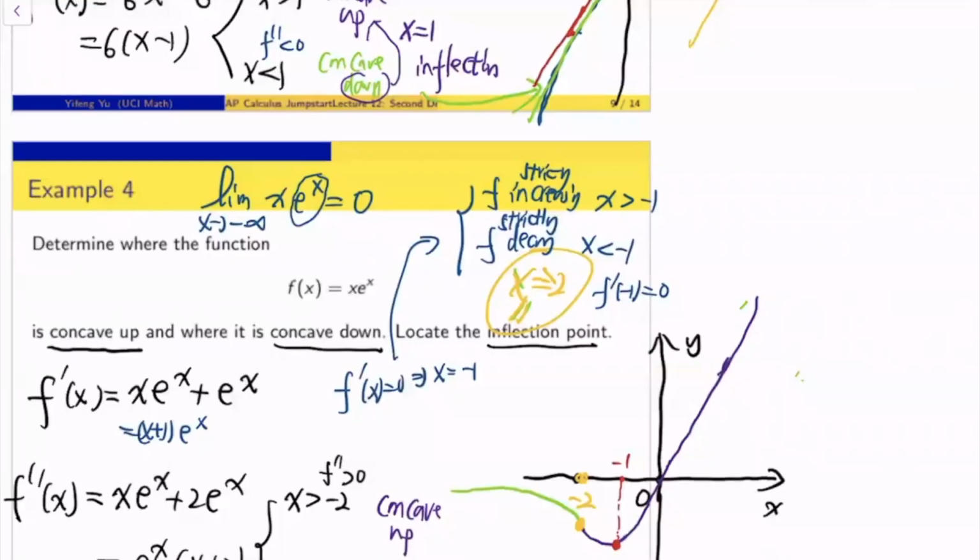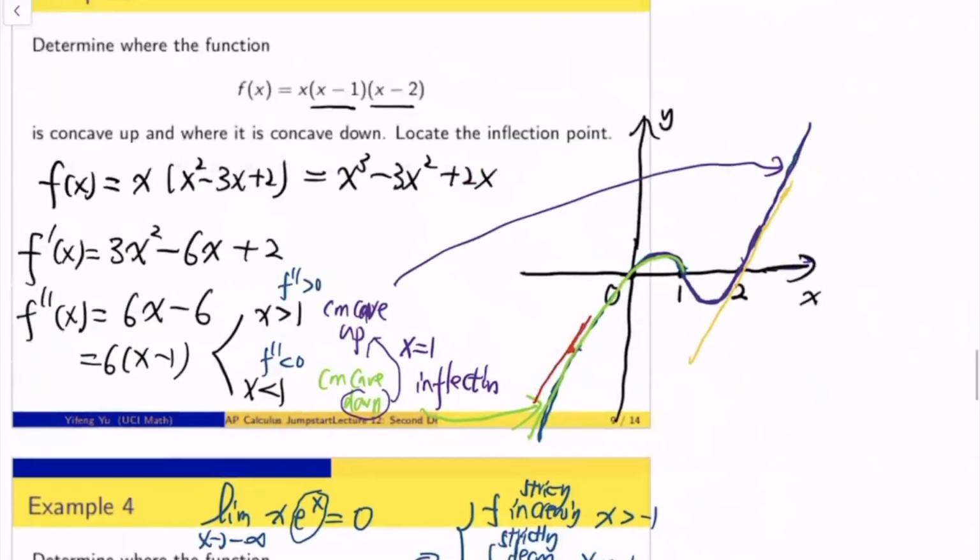The inflection point is when x is 2, and then y will be 2 times e to the power of -2. More precisely, we should write all the coordinates: it's -2, so -2 e to the -2. So this is the inflection point.